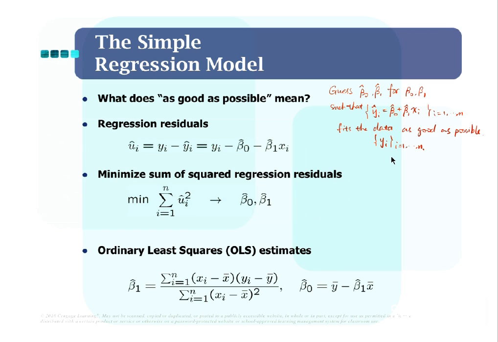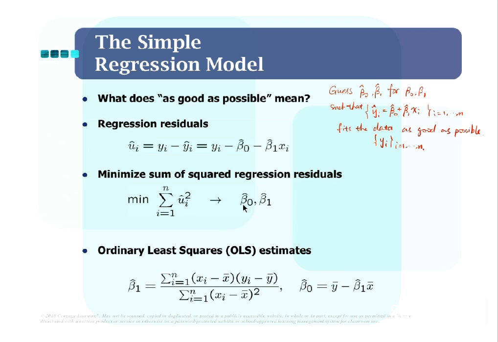So basically, we first define the regression residuals, okay, which is ui hat equal to yi minus yi hat, and yi hat equal to beta 0 hat plus beta 1 hat times xi. So this equals yi minus beta 0 hat minus beta 1 hat xi. Right? And then we minimize the sum of squared regression residuals, okay, by choosing beta 0 hat and beta 1 hat.